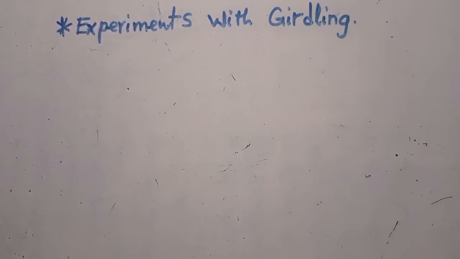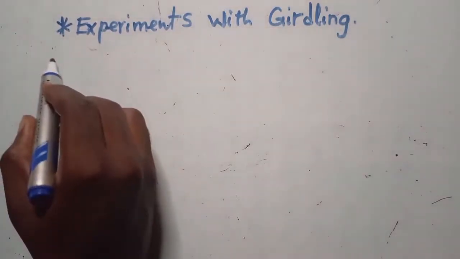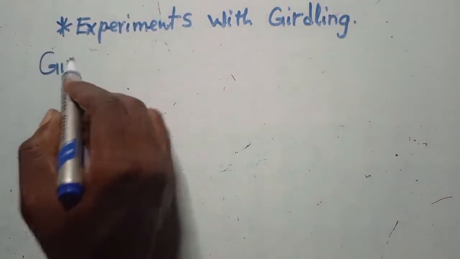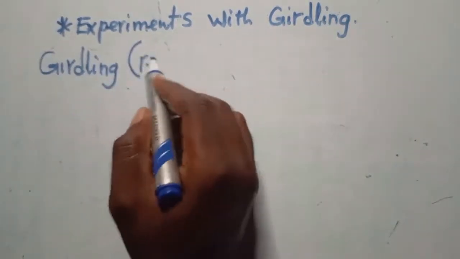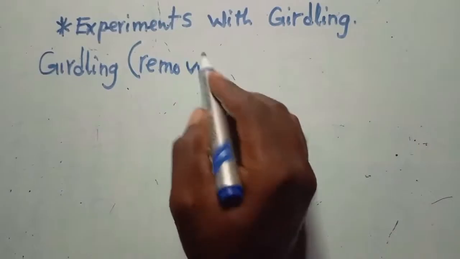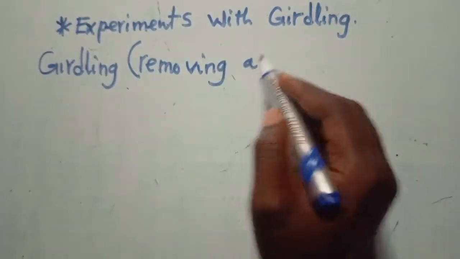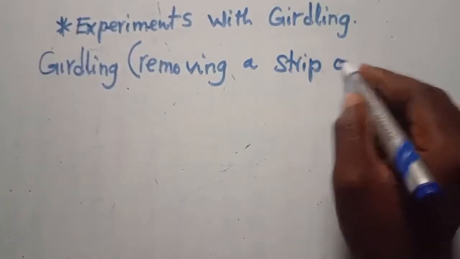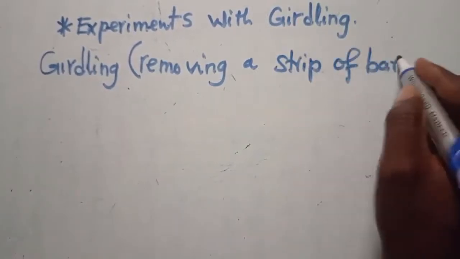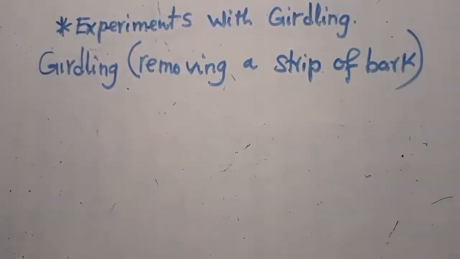So to relate this to translocation, when we say girdling, we are talking about, in simpler words, removing a what? Removing a strip of bark. This is what I mean.